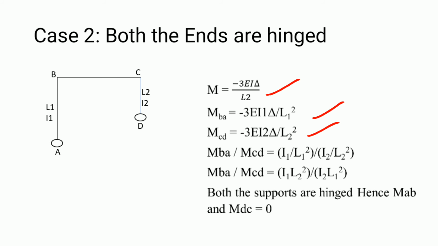So if I take the moment ratio of the additional moment at the column heads, it will be MBA by MCD is equal to I1 L2 square divided by I2 L1 square. Here you are supposed to note that since both the ends are hinged, at A and at D there is a hinge support, so MAB and MDC are equal to 0 always whenever the supports are hinged.